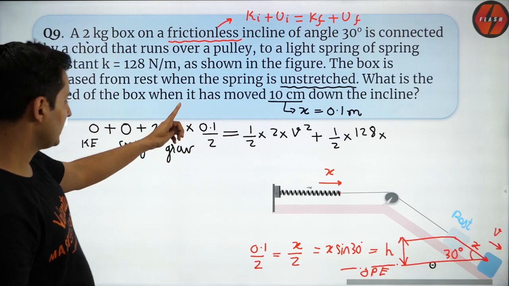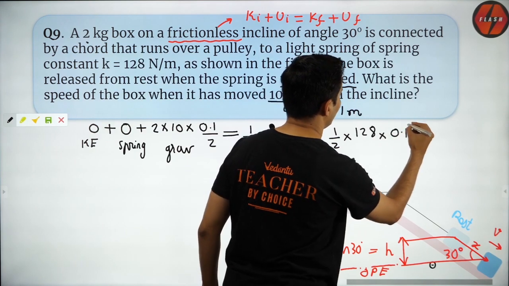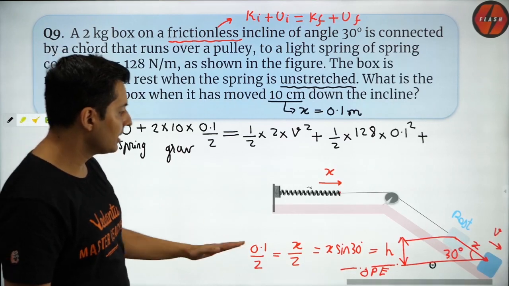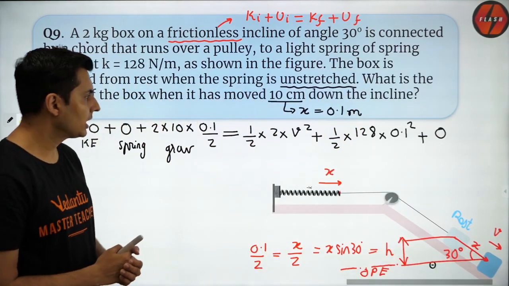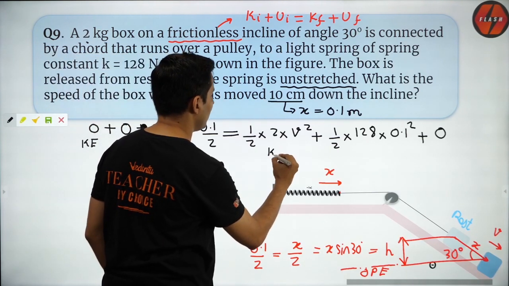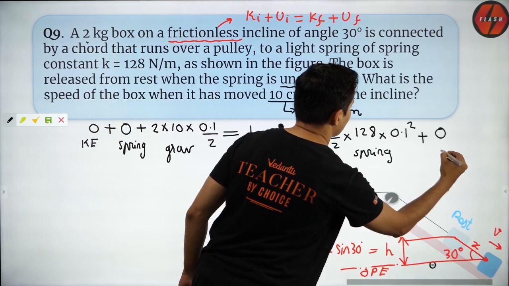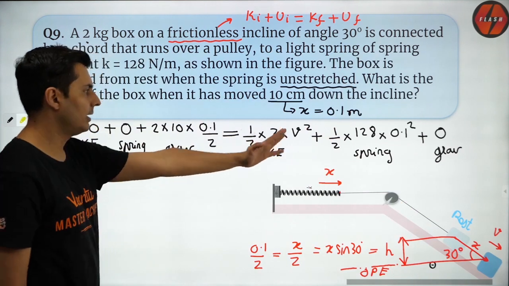So X is given to me, I think, yes, X is 0.1. So 0.1 square plus gravitational energy when it comes down will be 0. Alright, so that's what it is. So this is kinetic energy, this is again spring, and this is gravitational potential energy. Same order I have followed.